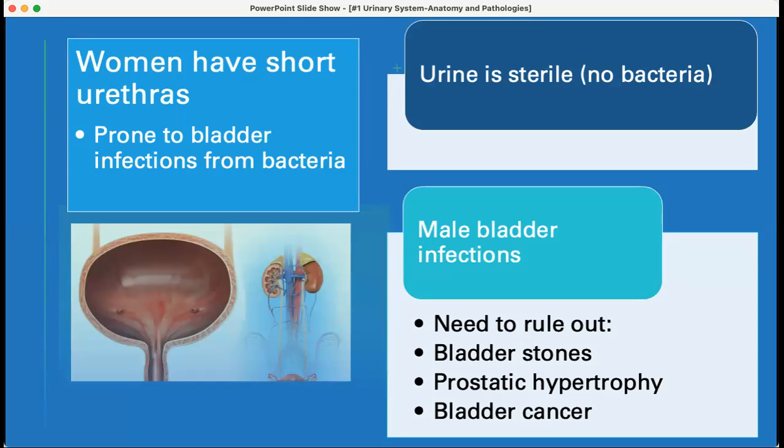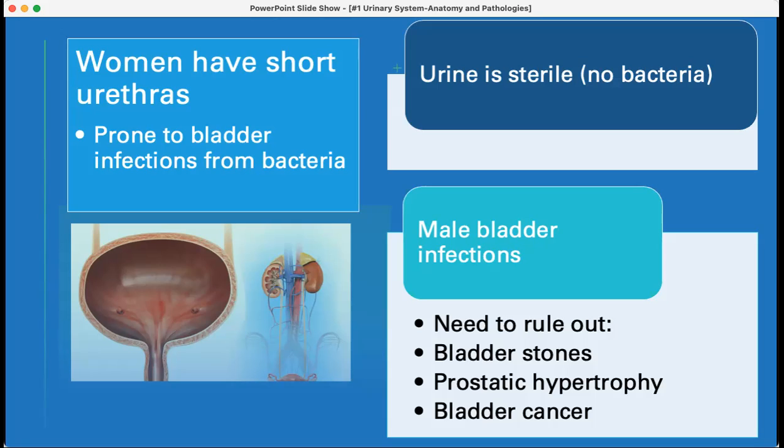So women are more prone, bacteria has a chance to get up into the bladder. And especially in times where people hold their urine too much. Remember my daughter, when she was little, hated to go to the bathroom, and she would hold it, and frequently was getting bladder infections. So urine in general is sterile.